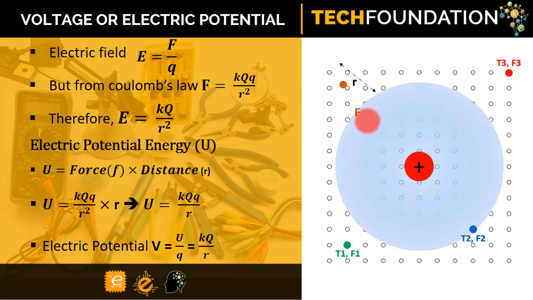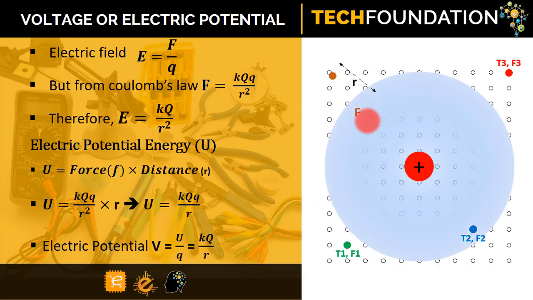So, the force exerted by the positive charge has the capacity to do work. This capacity to do work is what we call potential energy, and it is a result of the position or configuration of the electric charges.